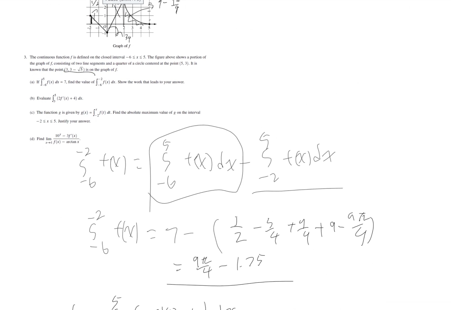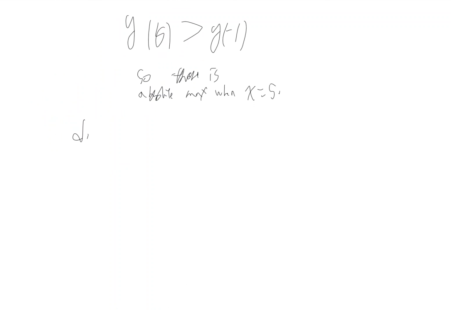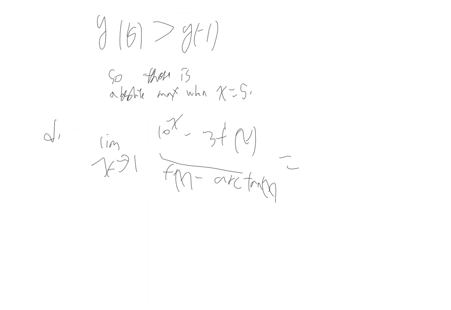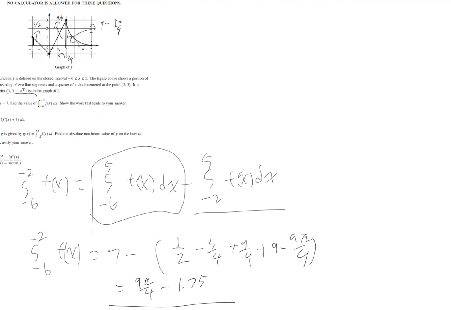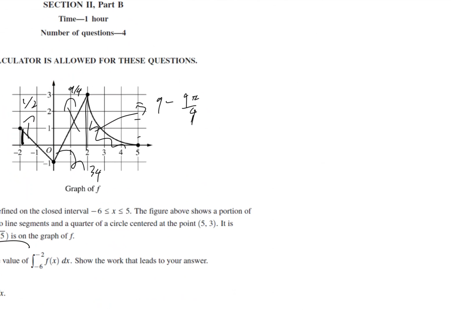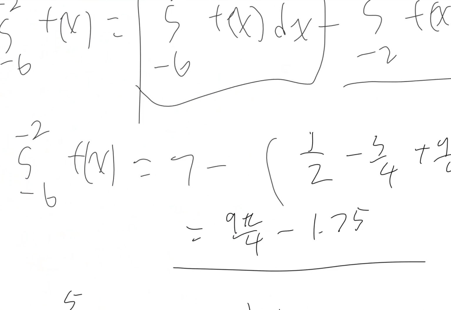find the limit of 10 to the x minus 3 f prime of x divided by f of x minus arctangent x. So we can just plug it in. So 10 to the 1 is 10, minus 3 times f prime of 1. It's right here. The slope is 1/2.